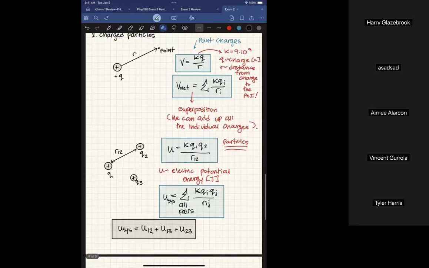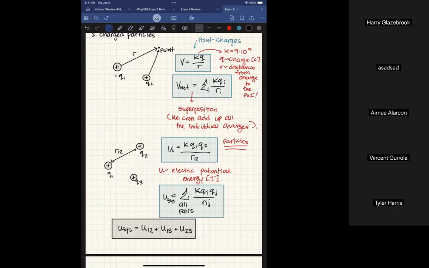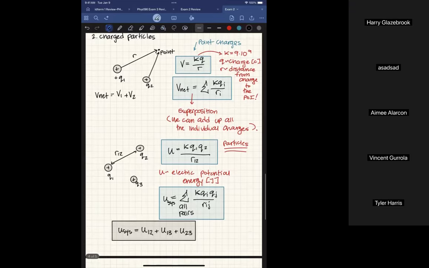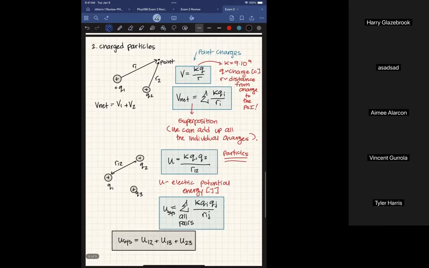Whereas for electric potential up here, if I added a particle here, let's say this is Q1, this is Q2, my net potential would just be the potential from 1 plus the potential from 2, where both of them, this is R1, this is R2, are defined at that point.